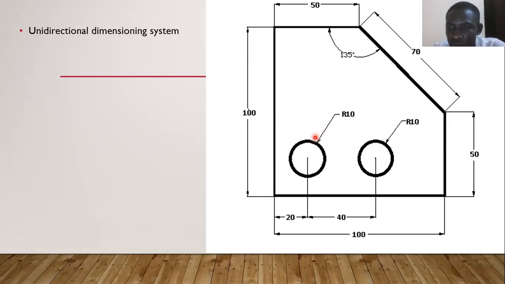The diameter of these two holes should have been indicated, not the radius. Sorry for that. But you can see clearly that all the dimensions are written in the horizontal direction.